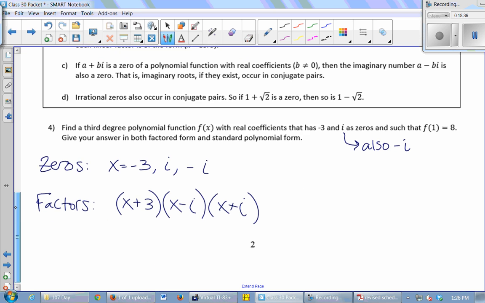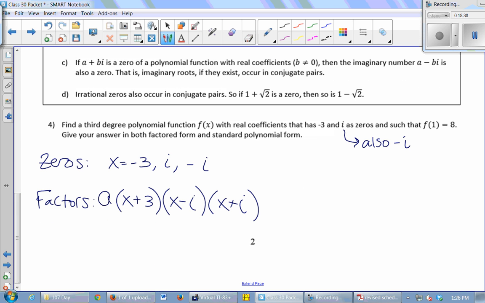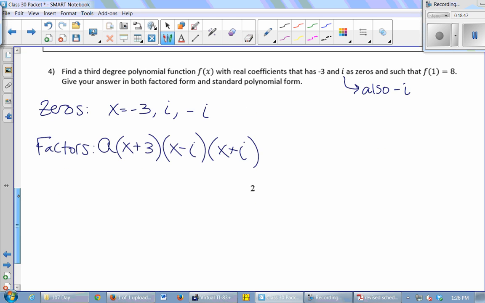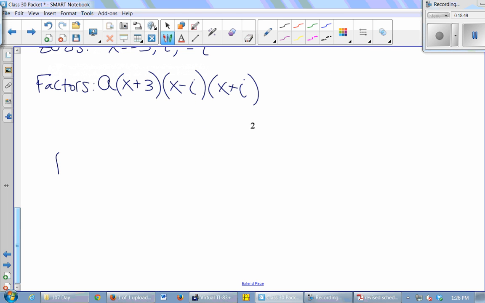I might have a non-zero constant in front here, a. So it's got to be that f of x is equal to some non-zero constant times x plus 3 times x minus i times x plus i.